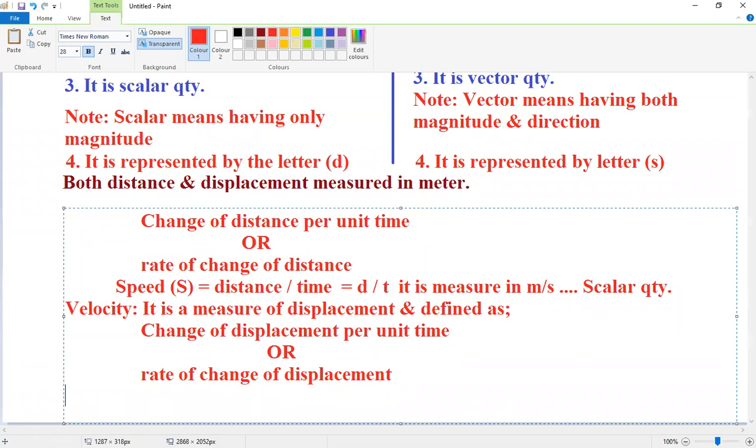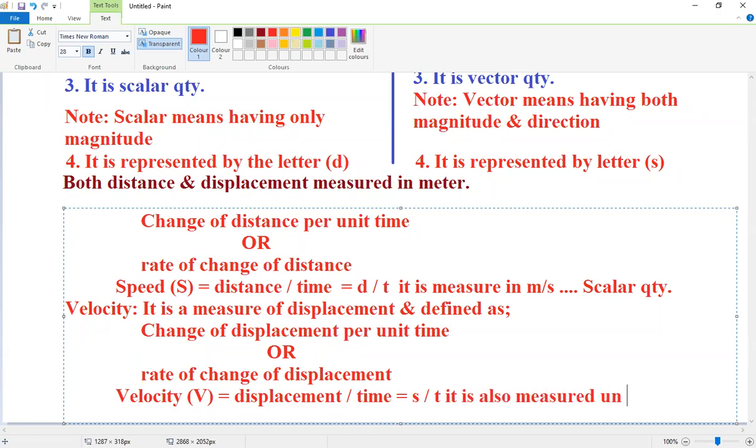Velocity v is equal to displacement upon time, which can be written as s by t, and it is also measured in meter per second, but it is a vector quantity.